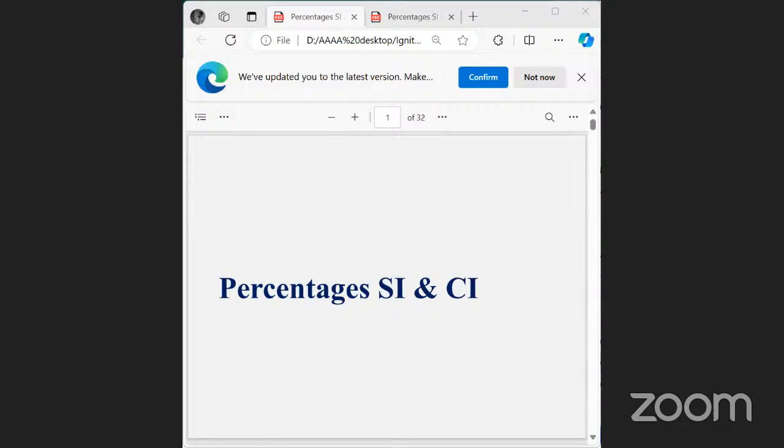Sir, are you writing on the screen? Sir, the screen is not visible. It doesn't show anything you write. Is the screen blank? It's showing percentages, SI and CI. Okay, give me a moment.